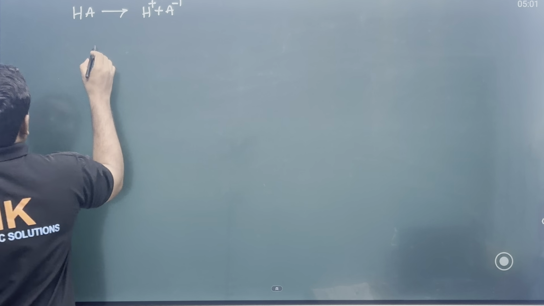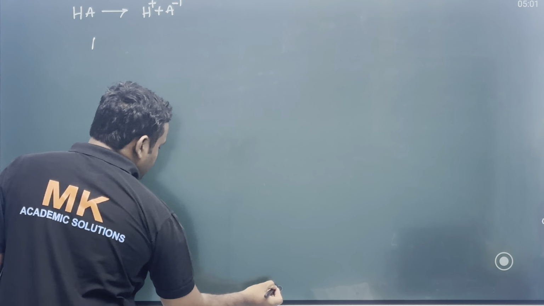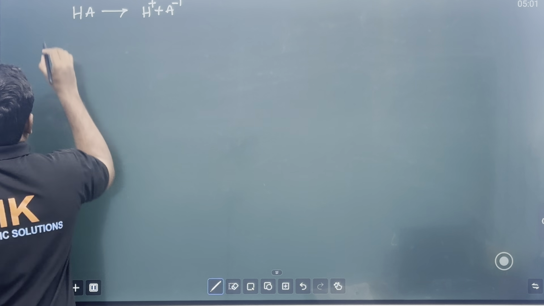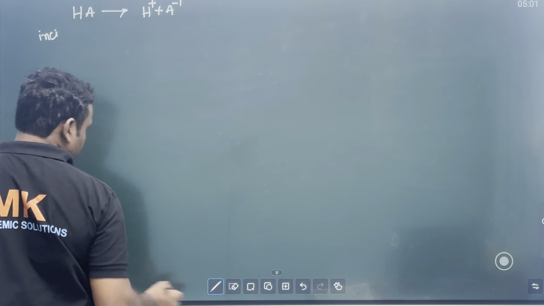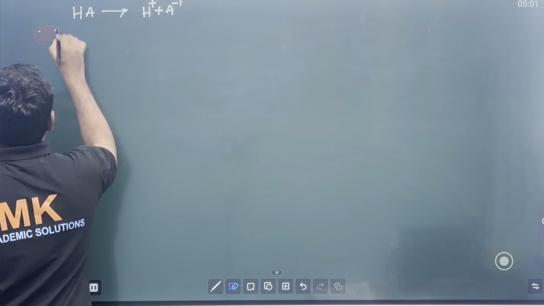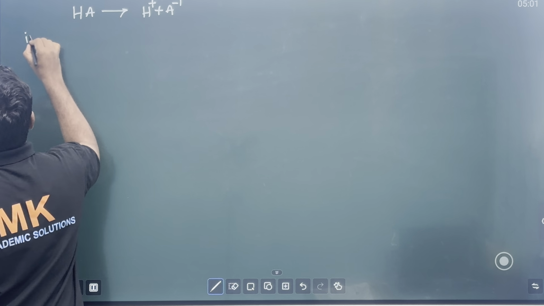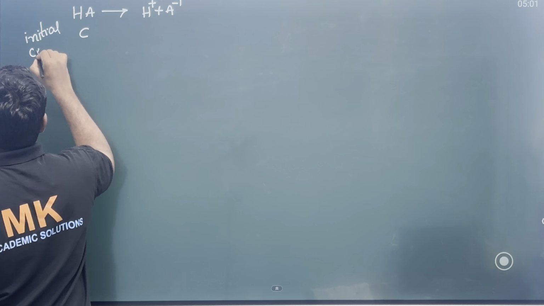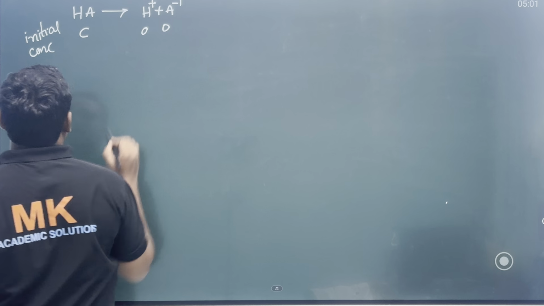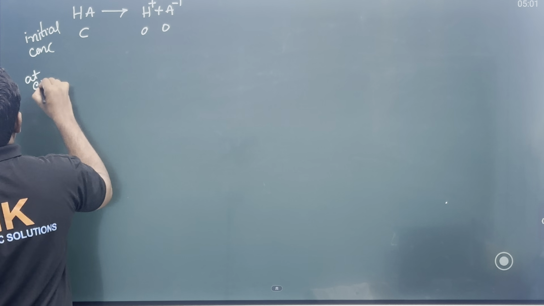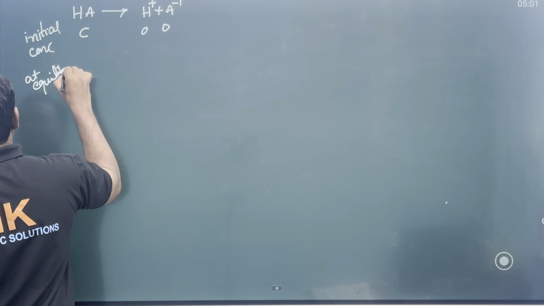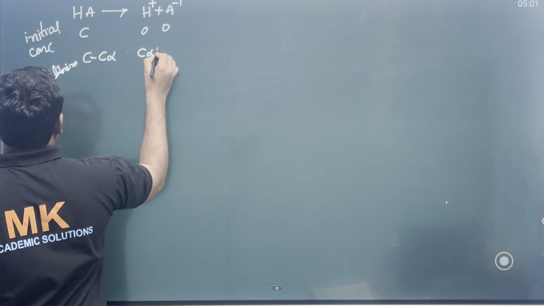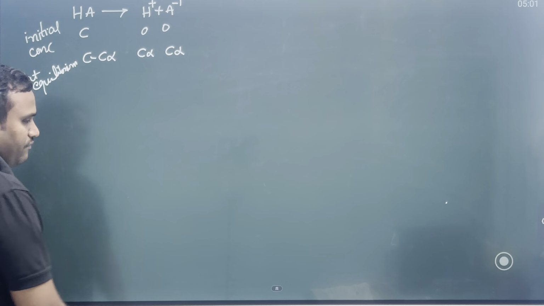At initial, the concentration of HA is C, and H plus and A minus are 0 and 0. At equilibrium, it is C minus C alpha, and it is going to form C alpha of each ion.